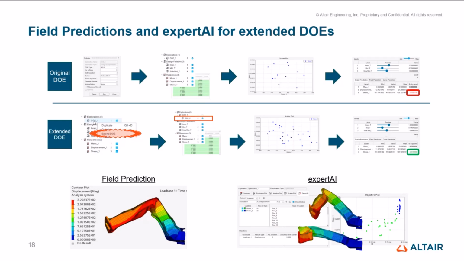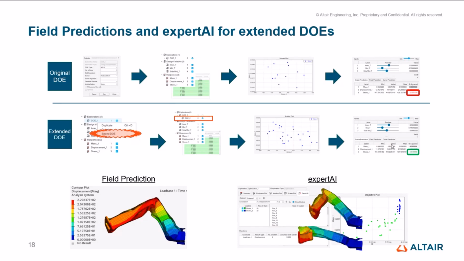Once you have a DOE that you've run, so starting with the DOE from the first row, you click on extend DOE. You can see it generates what's displayed as kind of a child or an extension of the first DOE. You can specify an additional number of runs, and then you can see in the scatter plot there, we've added additional runs to our design space.